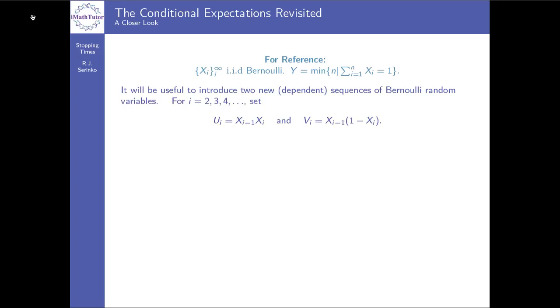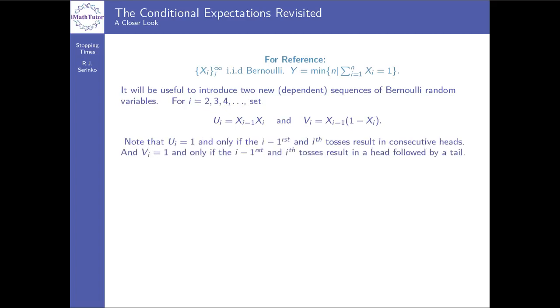If either of those tosses is a tail, then u sub i equals 0. On the other hand, if the ith toss is a tail, x sub i equals 0, so that 1 minus x sub i is 1, and x sub i minus 1, if the i minus first toss is a head, would be 1. So v sub i equals 1 if the i minus first toss is a head and the ith toss is a tail. It would be 0 otherwise.